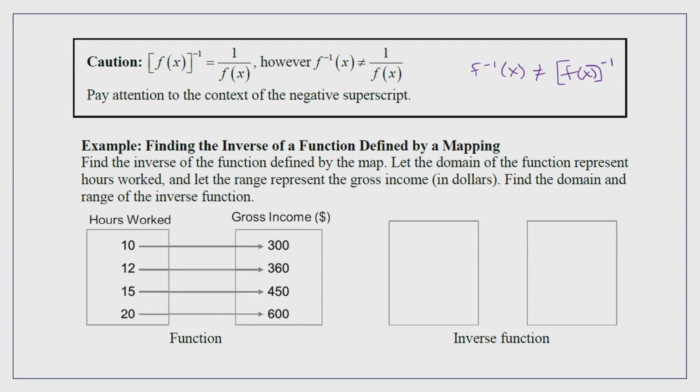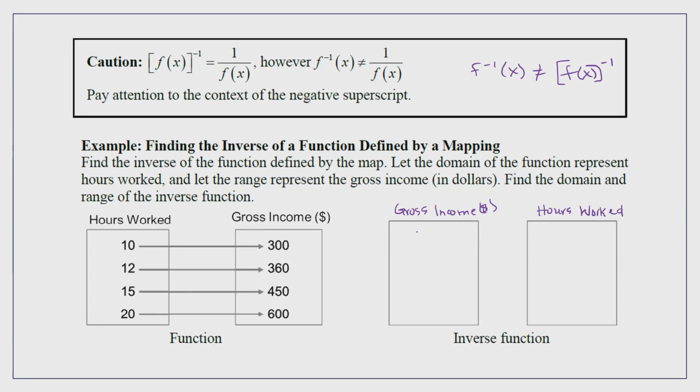So we see here in our function that each input in the hours worked corresponds to one gross income output in the range grouping. So our inverse function is going to be the opposite. So our domain is going to be the gross income, and our range is going to be the hours worked.